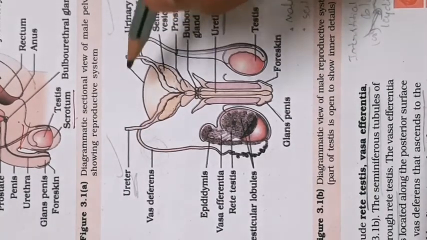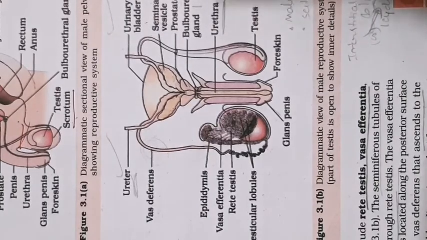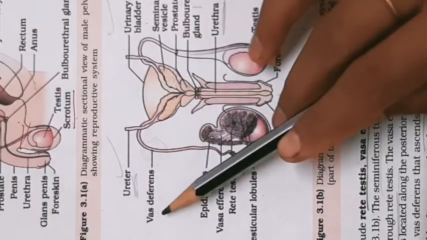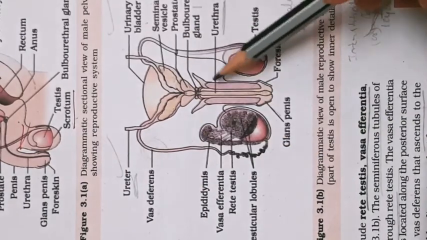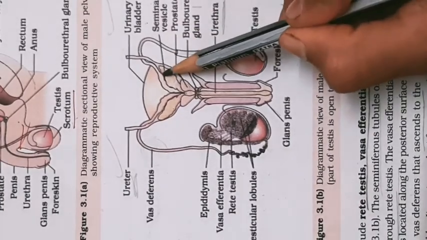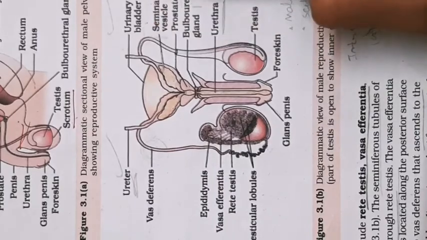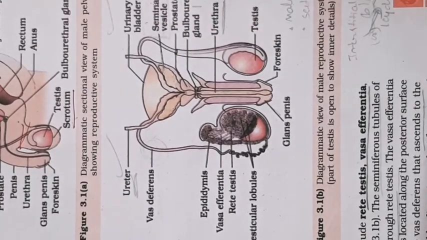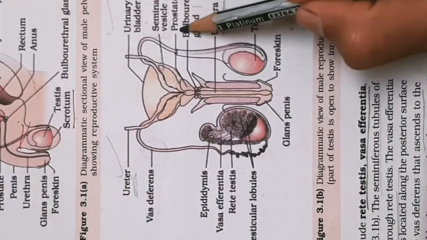The urethra helps in the passing of urine. At the point of connection of the vas deferens with the urethra, there is a loop like structure where other glands are attached, those are the seminal vesicles. The later connection is called the ejaculatory duct, which is protected by the prostate gland.